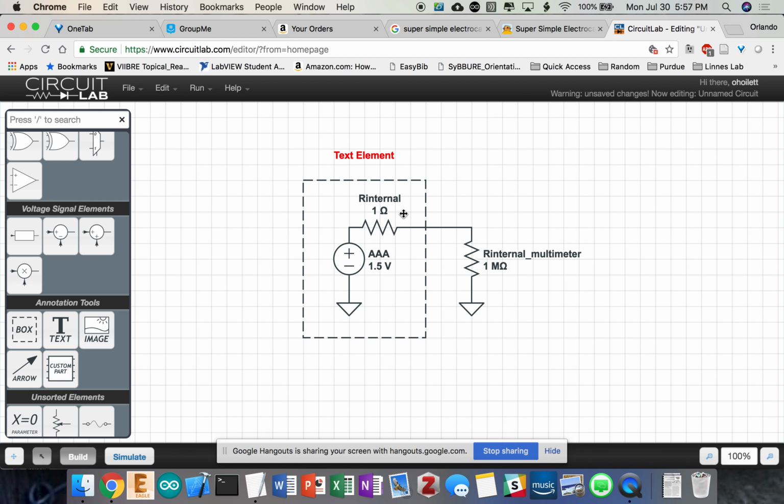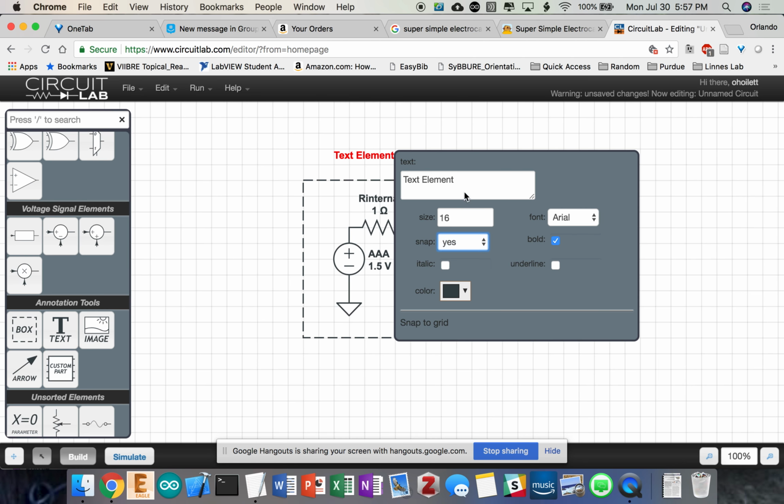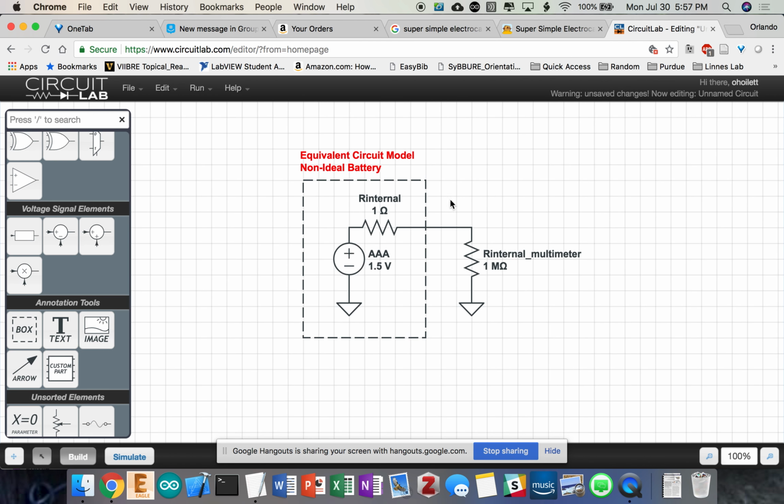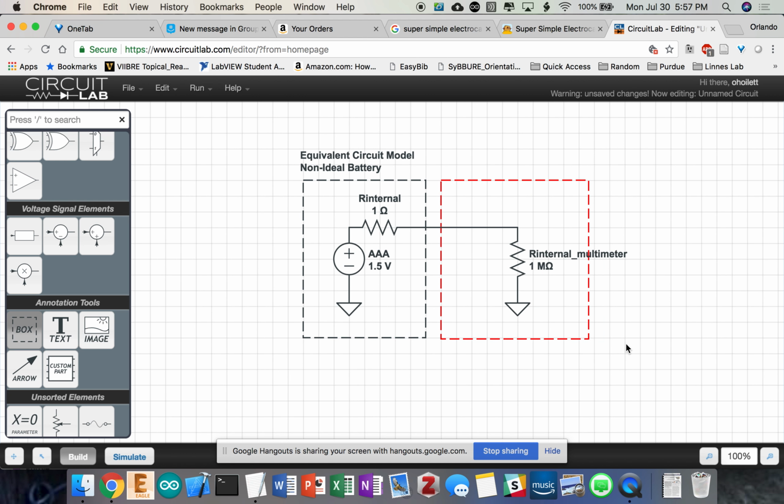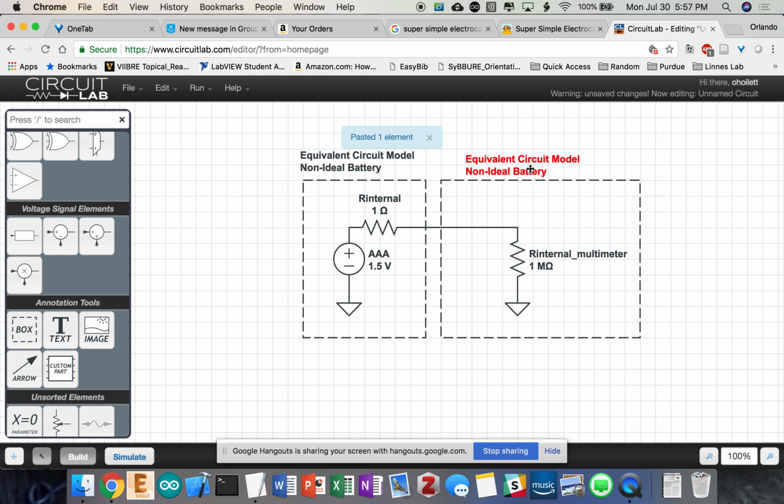This is the equivalent circuit model, non-ideal battery. Well, one of the equivalent circuit models. And I'll draw a box around this.